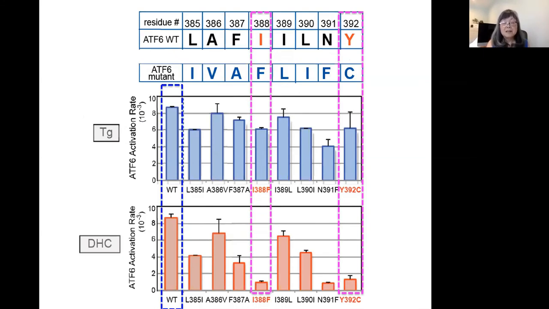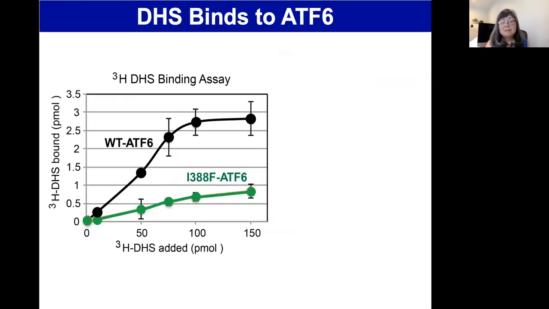Does it bind to those lipids? Well, we used radiolabeled DHS and performed the binding assay with the wild type ATF6. We can see the binding in a concentration-dependent manner, but not with the mutant that did not generate activated ATF6.